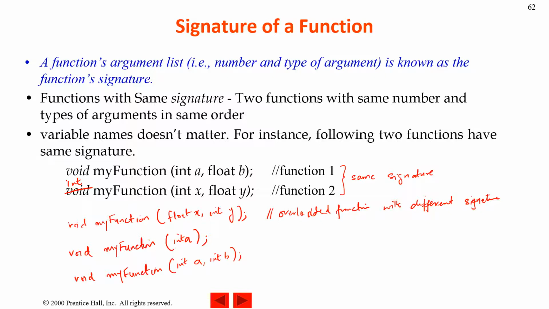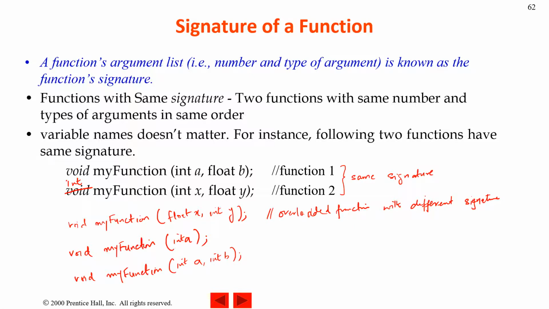So these three can be overloaded functions of any of these. These two can't occur together because according to the compiler they are the same thing. So one of these with these three can occur. Similarly, if I write this again and change it to int as I showed here, that is also not acceptable.